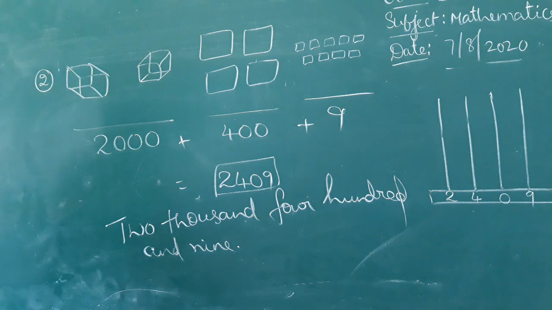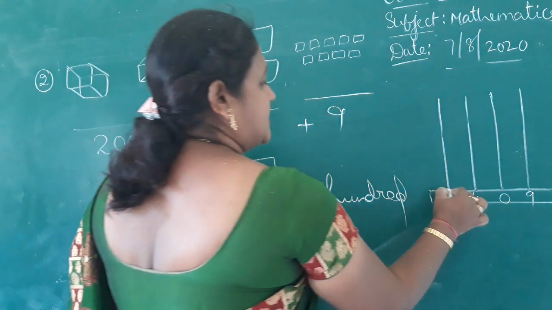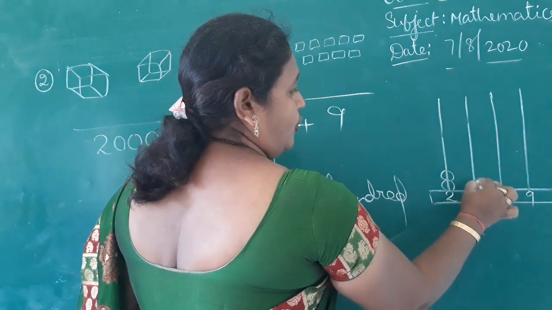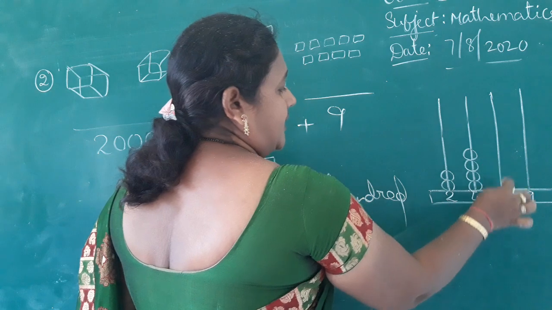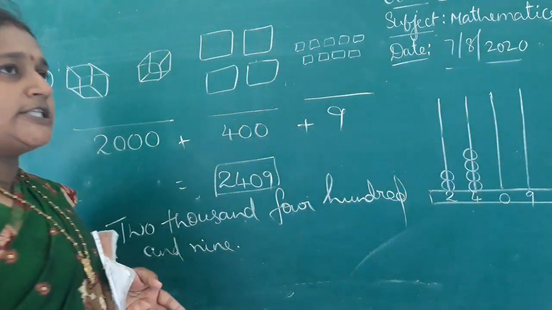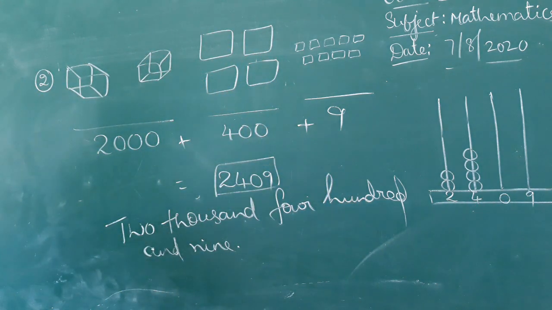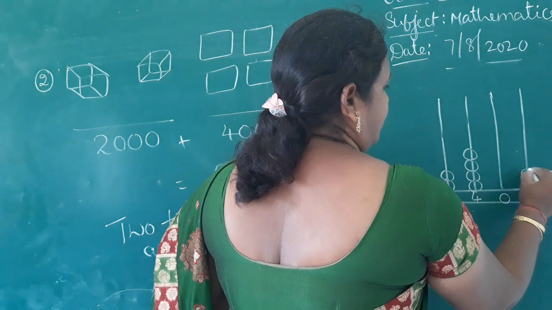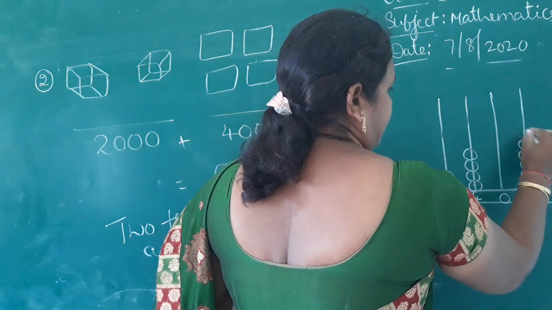In the thousands place, how many beads do you have to draw? 2 beads. 2000s, 2 beads. In the hundreds place 400, so 4 beads. Here 0 tens. 0 means we say nothing. That means we need not draw any bead. So in the ones place, 9 beads you have to draw. Okay.